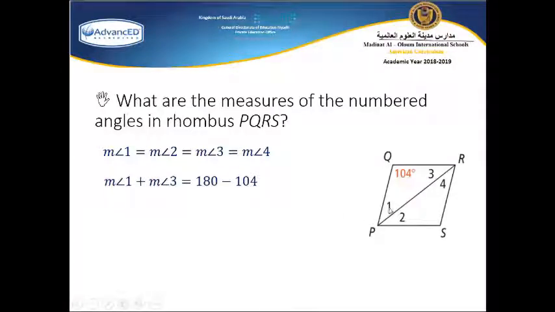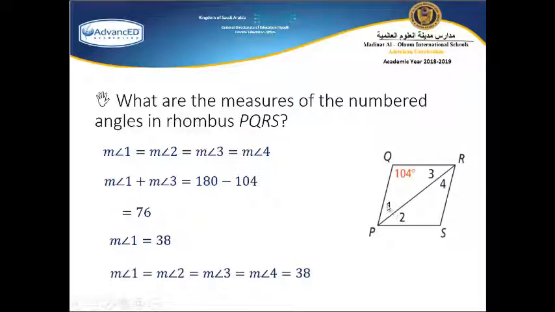Then the sum of the measures of angles 1 and 3 is 76, and the measure of angle 1, after dividing 76 by 2 because these two angles are congruent, equals 38. The same as the measure of angle 1 are the measures of angle 2, angle 3, and angle 4, because the four angles are congruent since this diagonal bisects the opposite angles.